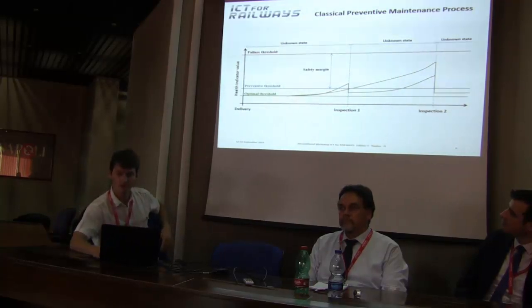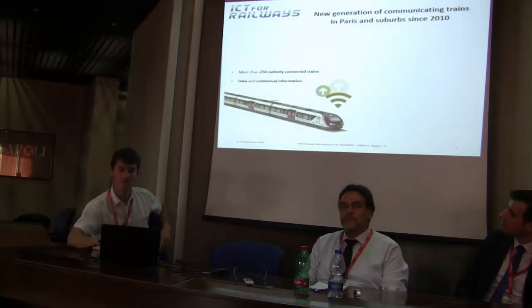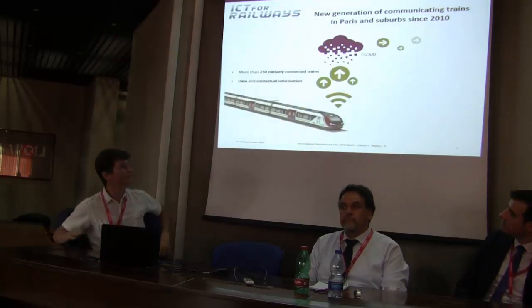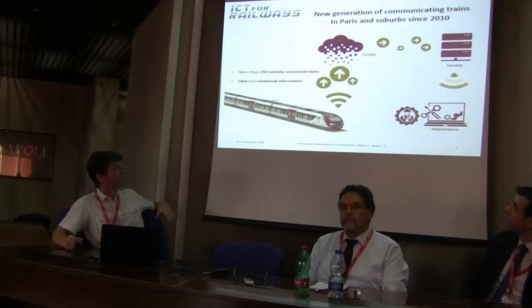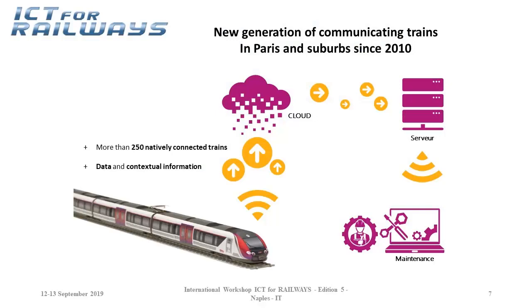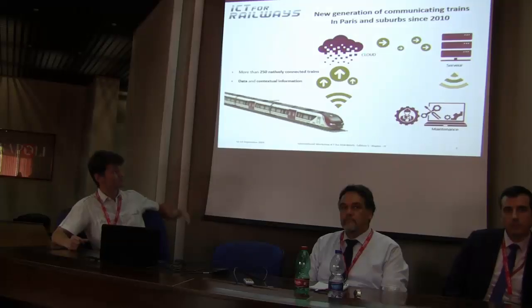Hopefully, we have a new generation of natively communicating trains, which arrived in Paris and suburbs since 2010. At the date, we have 250 trains communicating a huge amount of data and contextual information.